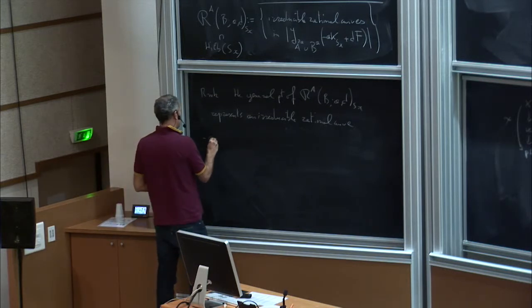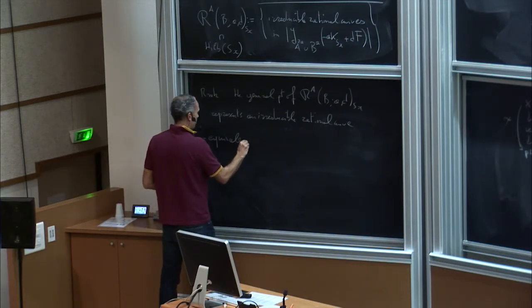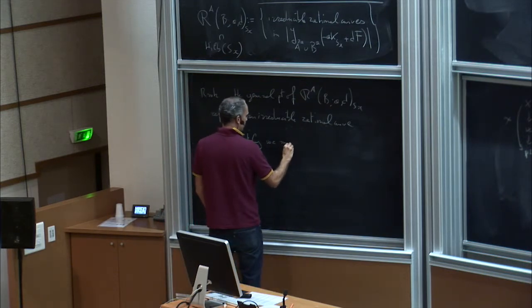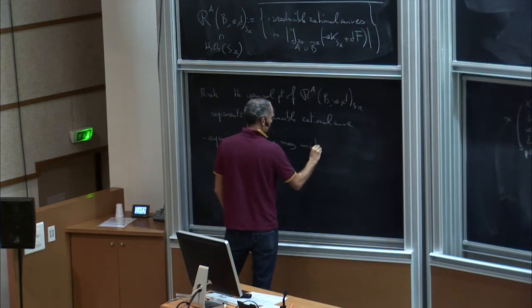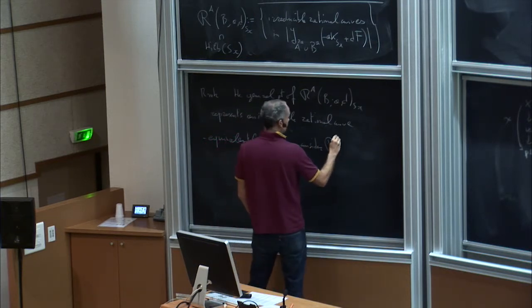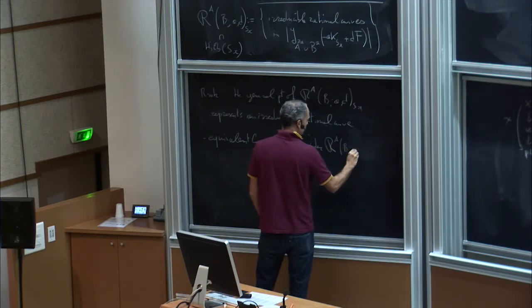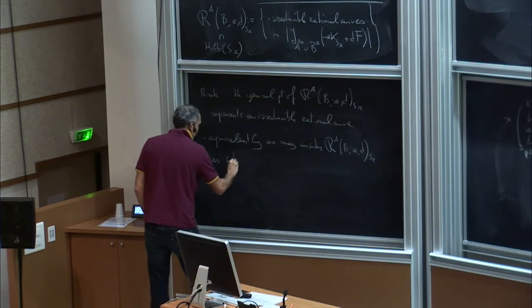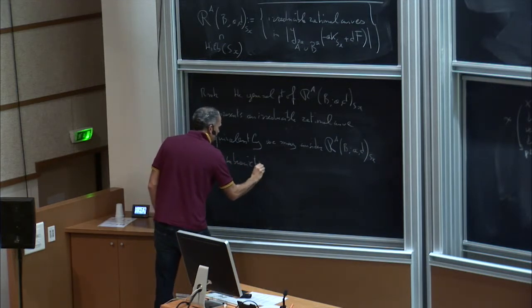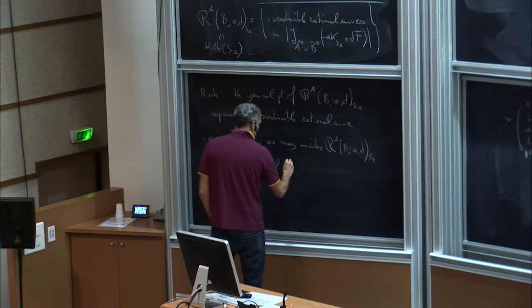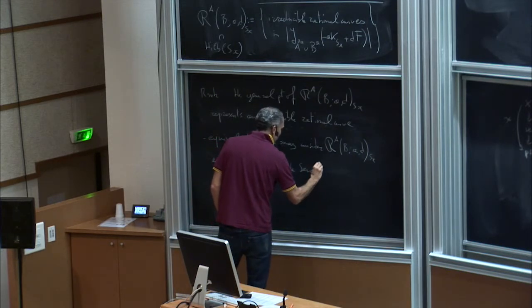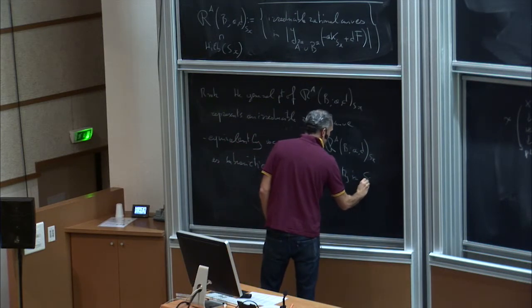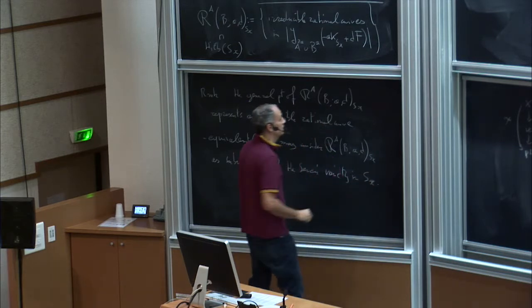So equivalently, we may consider this R_{A,B,a,d}(Sx) as a subvariety of the Severi variety in Sx.